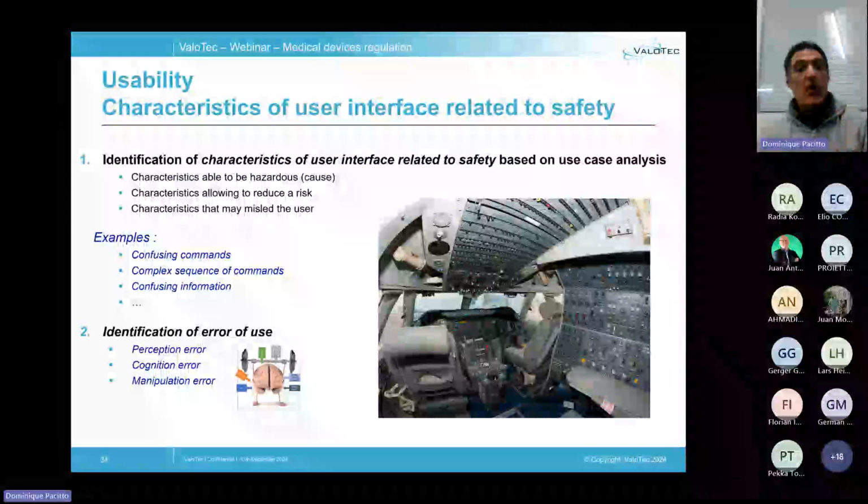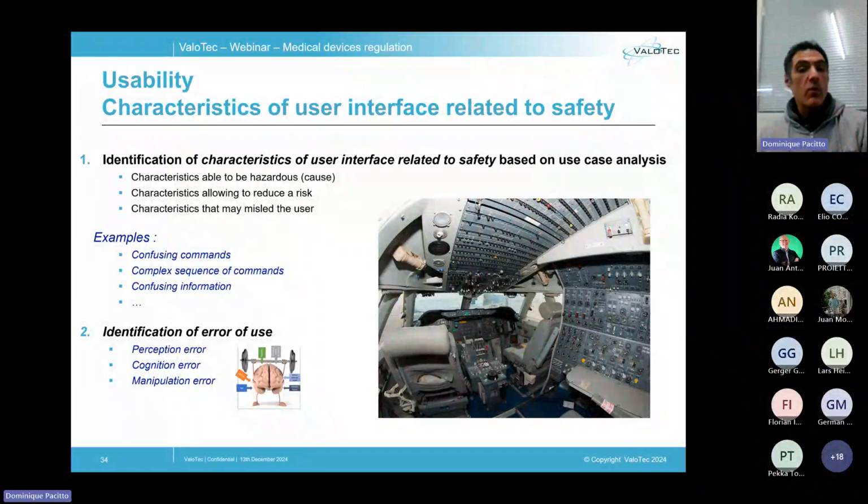Annex C of ISO 14971 details the sequence of events and gives some examples of these characteristics of the user interface related to safety. In addition, with the identification of the user interface characteristics related to safety, the manufacturer should identify the possible errors of use. The 3.1 we talked about a few slides ago.